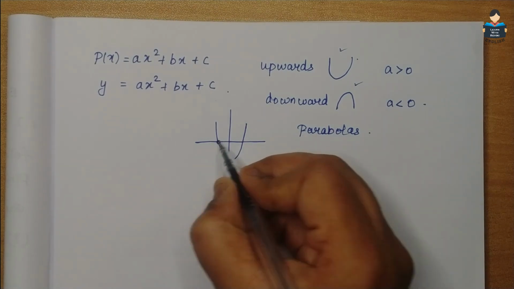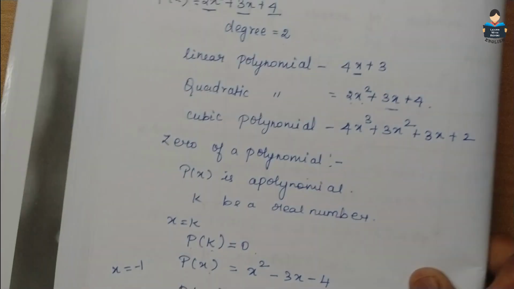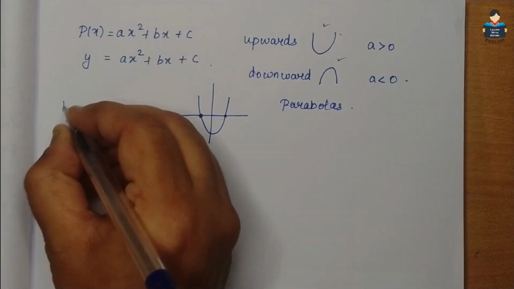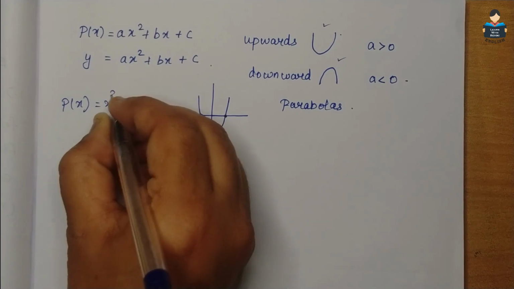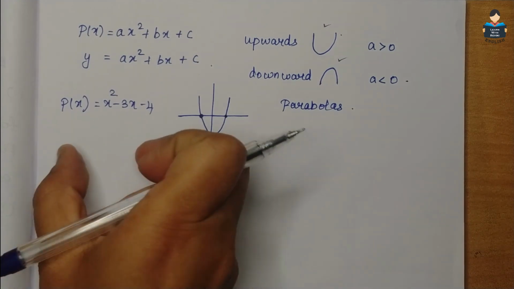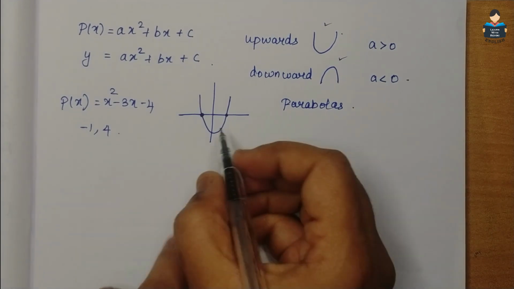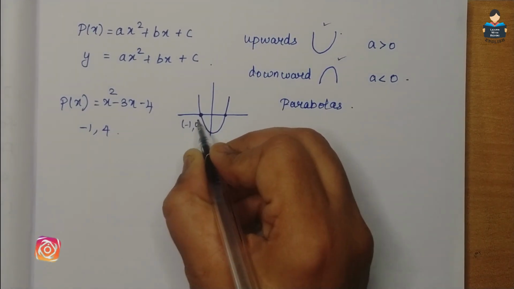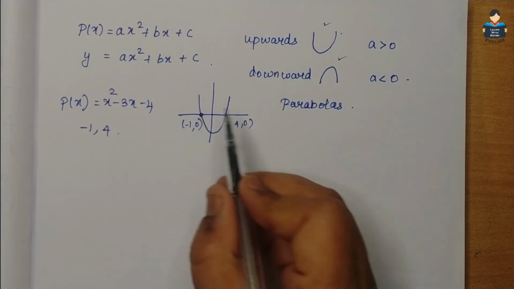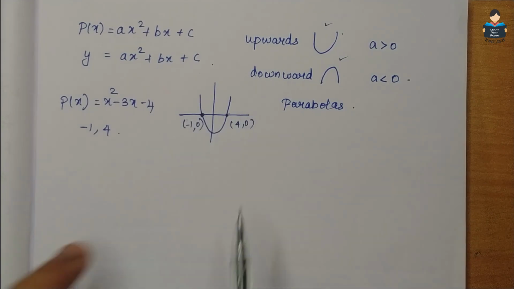In the previous sum we had p of x is equal to x square minus 3x minus 4, and we got the zeros for this polynomial as minus 1 and 4. The points minus 1, 0 and 4, 0 will definitely intersect at the x-axis.